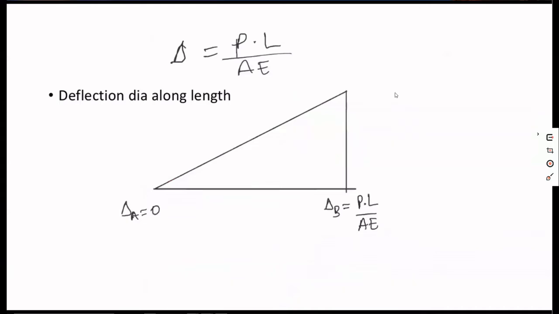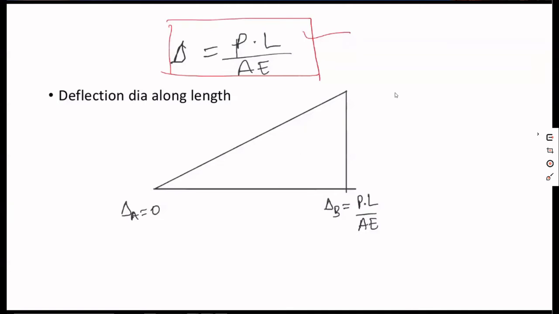Now my deformation delta is equal to P into L upon AE. This we will be deriving. Actually, we are not deriving this here because it has been derived earlier also. We will derive it in other cases, like the conical bar and tapering sections.